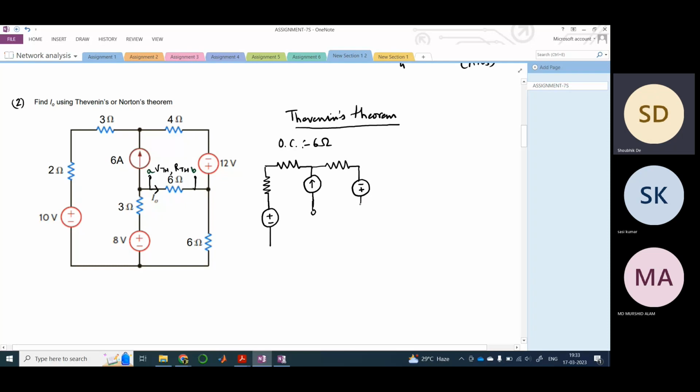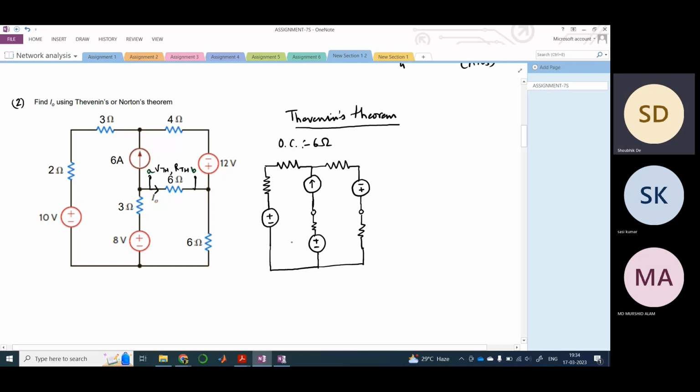We will just open this, and of course then there is a 3 ohm resistor, then this voltage source. You will see how quickly we can calculate VTH here.